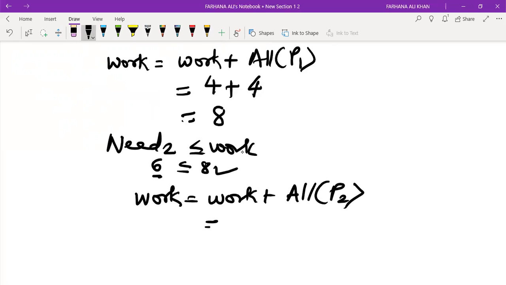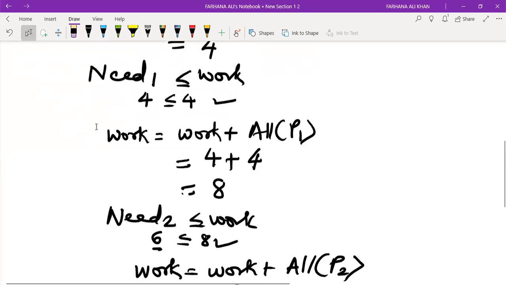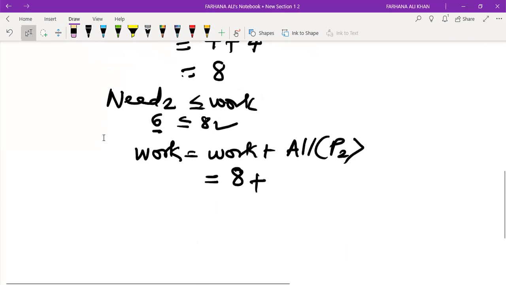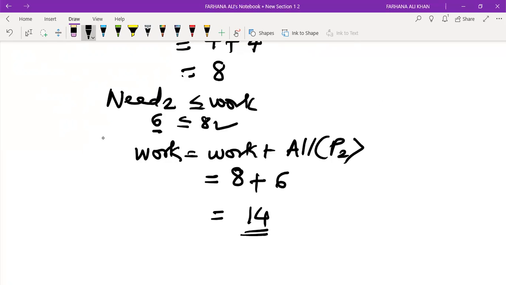The current available resources is 8, and we had given 6 printers to process P2, so we add that to 8. 6 plus 8 is 14. That means after the termination of processes P0, P1 and P2, we have 14 printers in our system.